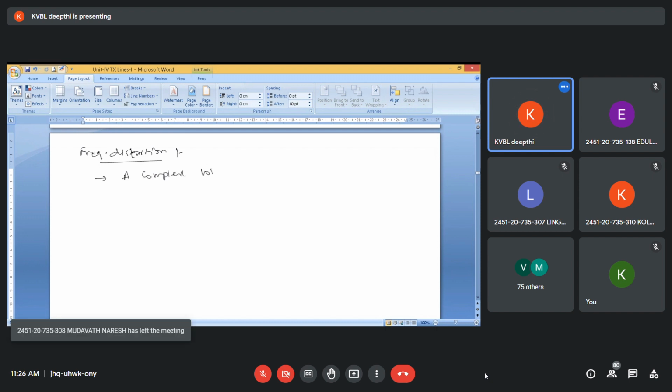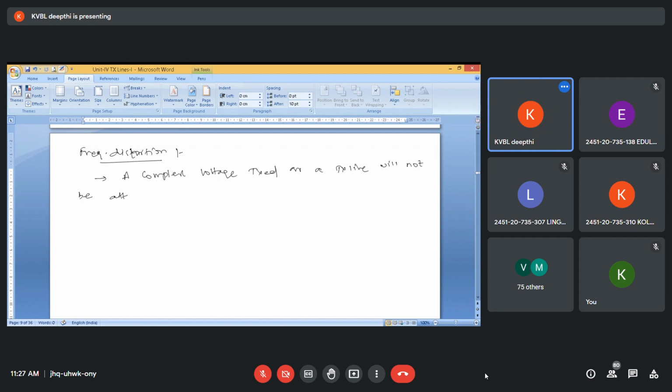A complex voltage transmitted on a transmission line will not be attenuated equally and the received waveform will not be identical with the input waveform at the transmitted end.